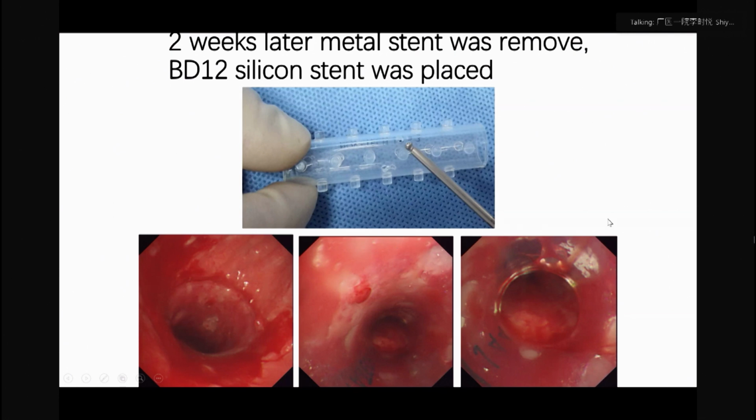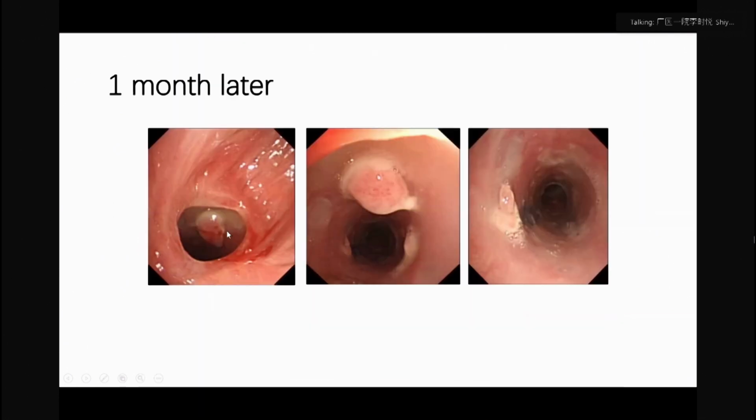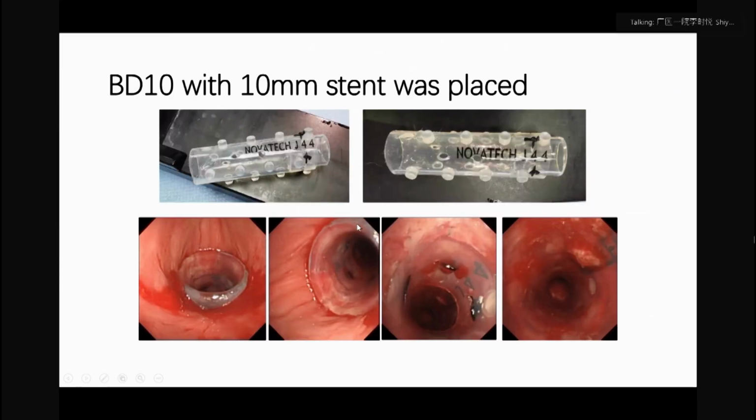But 1 month later, the stenosis came again, and then we changed to another stent, a combined stent. The lower part is 12 diameter, and the upper part is 10 centimeters.